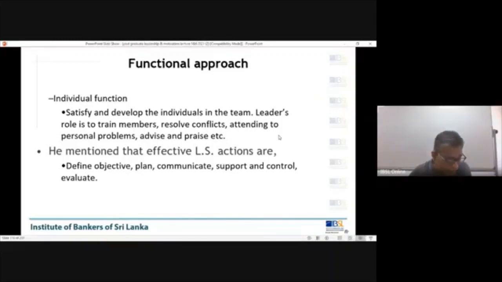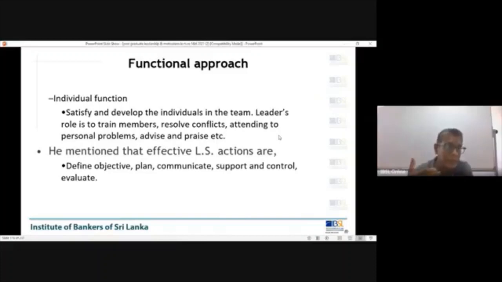So under this disaster situation, the leader must concentrate more on the task function, and that doesn't mean the other functions are not taken into account. The leader concentrates more on the task function because the organization needs to go on, but while taking into account the individual and group needs as well, right?